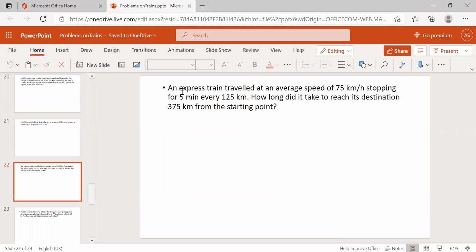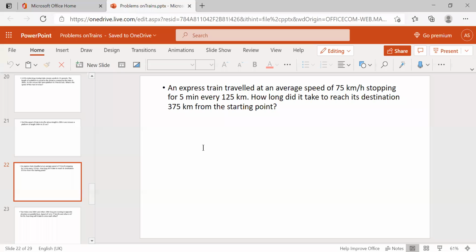An express train travels at an average speed of 75 kilometers per hour, stopping for 5 minutes every 125 kilometers. How long does it take to reach a destination 375 kilometers from the starting point? Tricky question, but very easy actually.